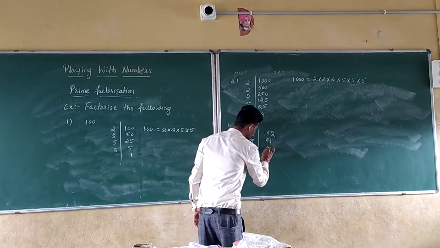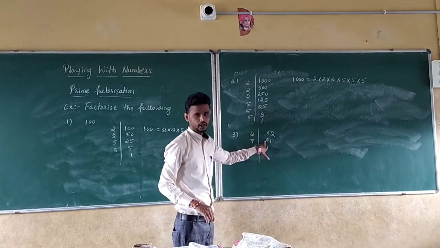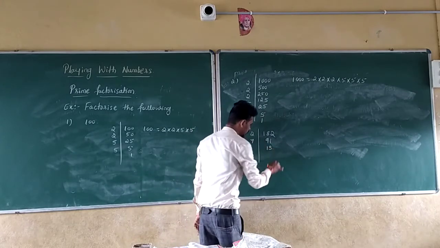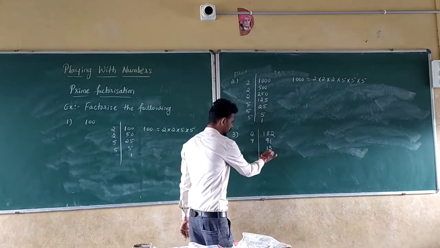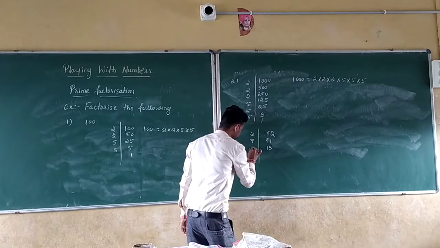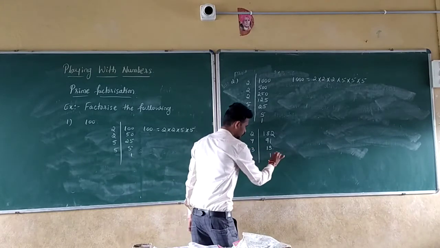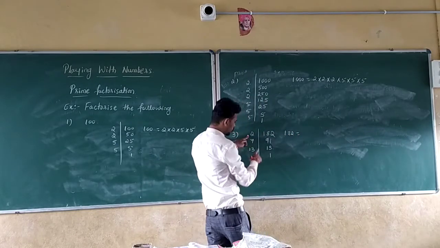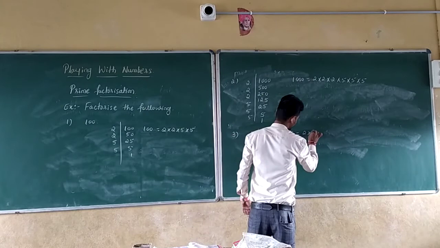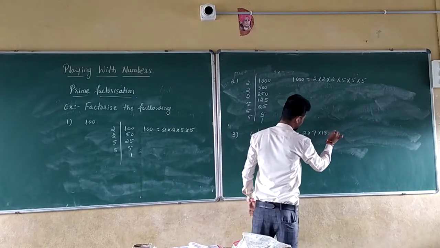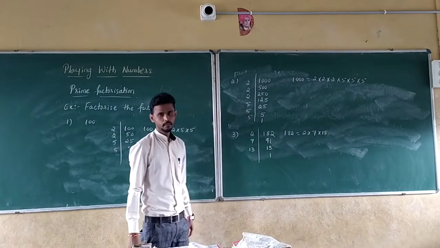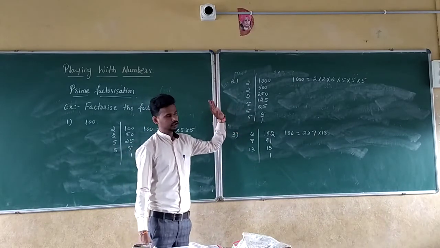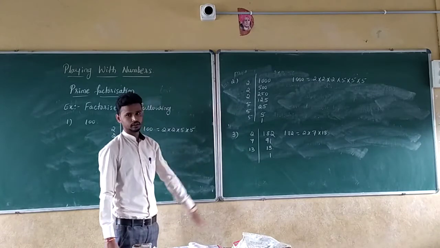So 7 ones are 7. In that 9, how much remains? 2. It has become 21. So 7 threes are 21. Next, 13 is a prime number, so it is divisible by 13 only. So 13 ones. So you can write 2 into 7 into 13. So this is how we need to factorize, means prime factorization.